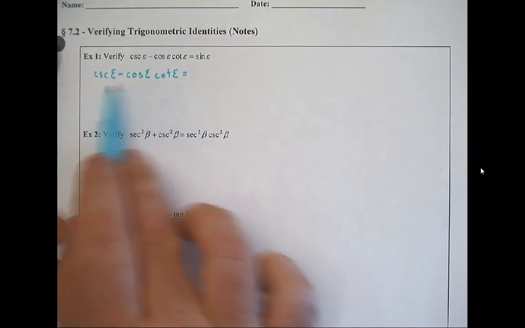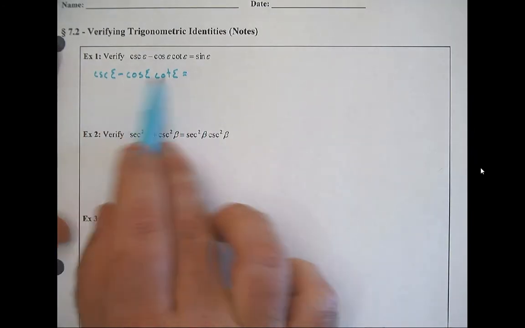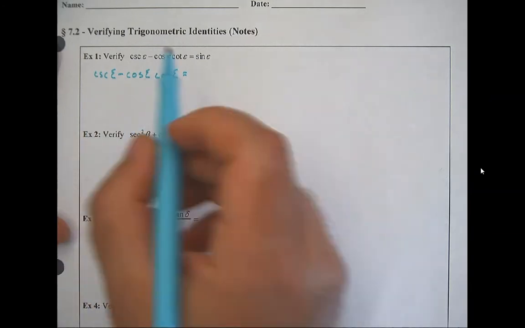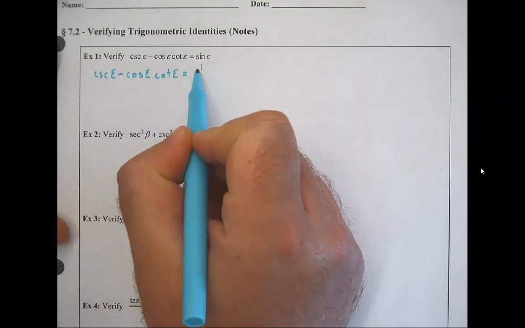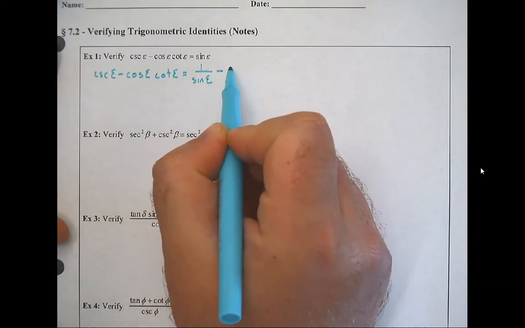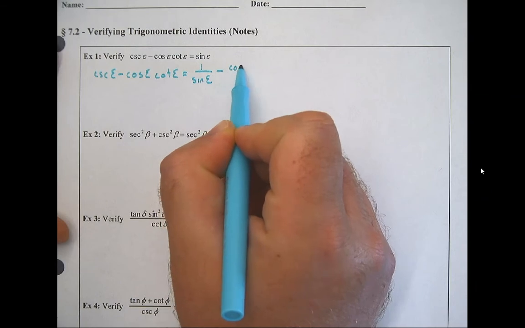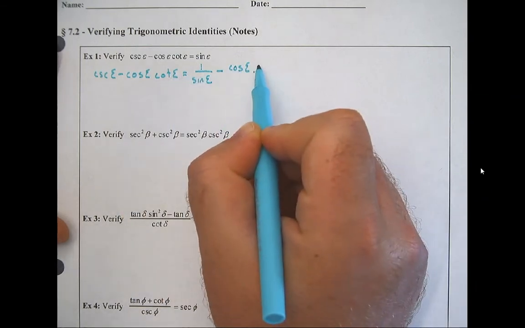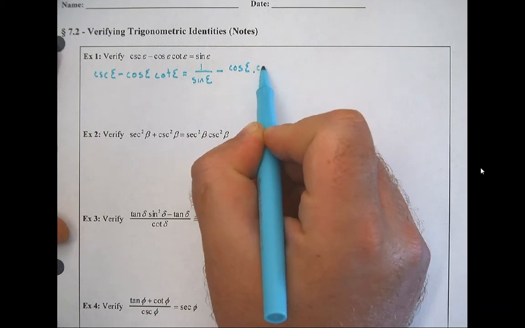All right. Let's see. I don't see any squareds, but I do see some stuff that's not sine or cosine. So I'm going to change those first. Cosecant's 1 over sine. This should feel familiar. This is what we did yesterday. Cosine is cosine. Cotangent is the reciprocal of tangent. So that's cosine on the top.